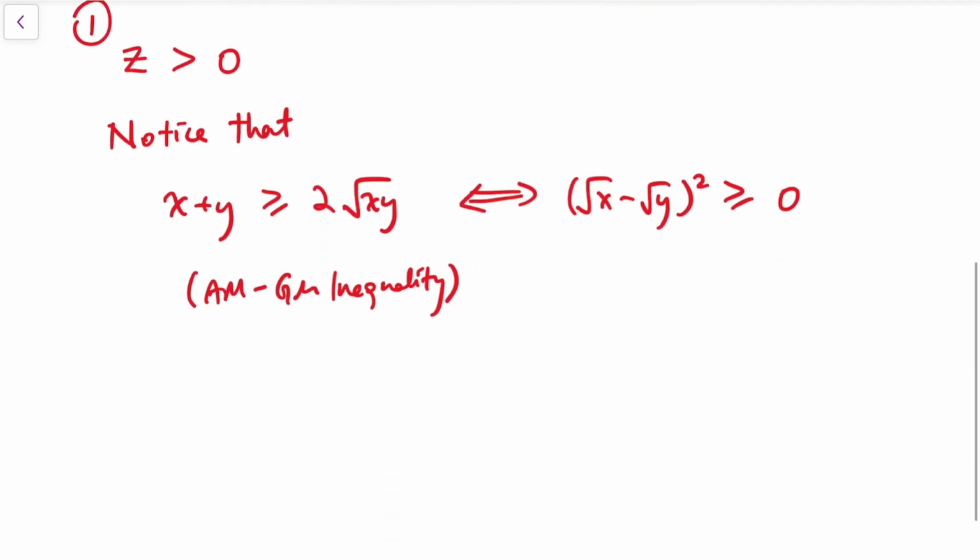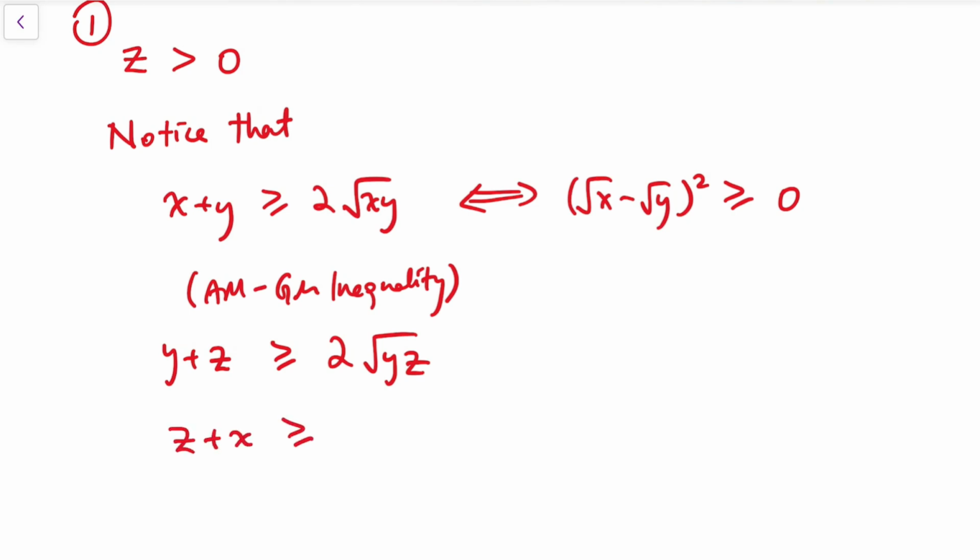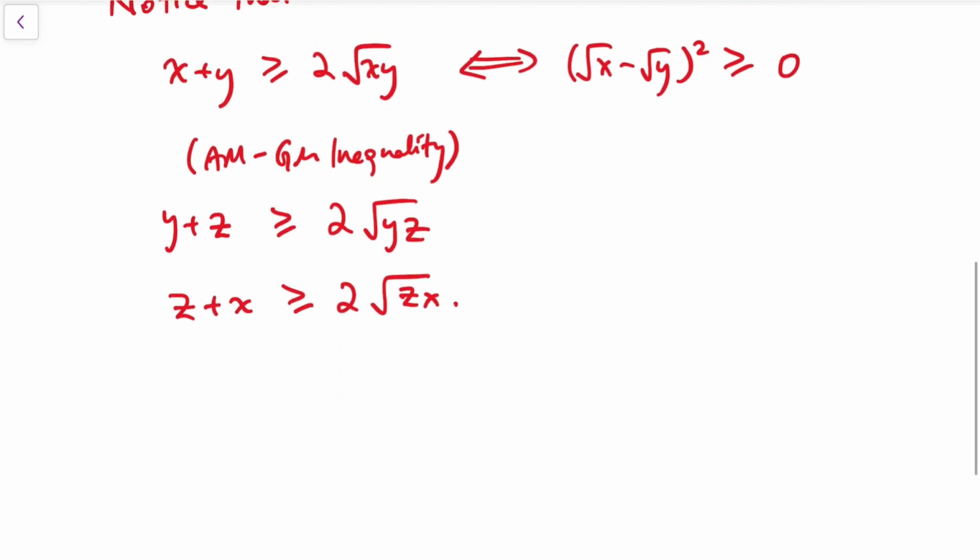So this holds. Now from this we can use a similar argument and say that y plus z is larger than or equal to 2 root yz, while z plus x is larger than or equal to 2 root zx.